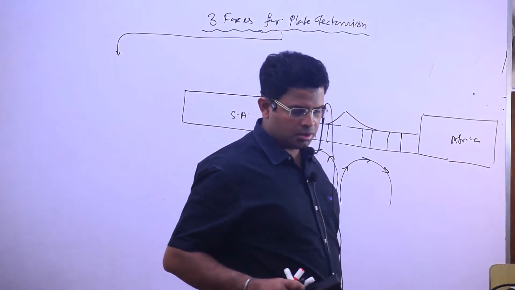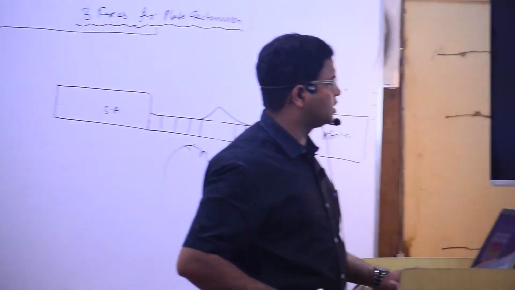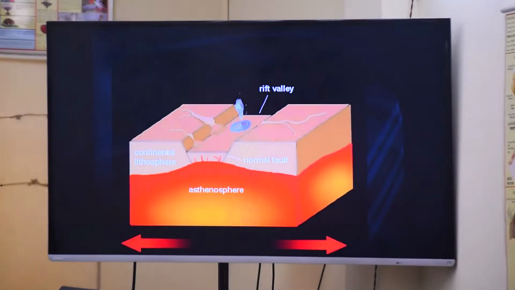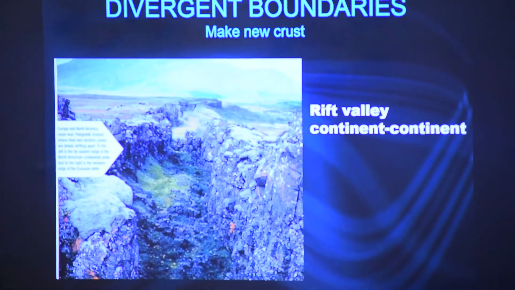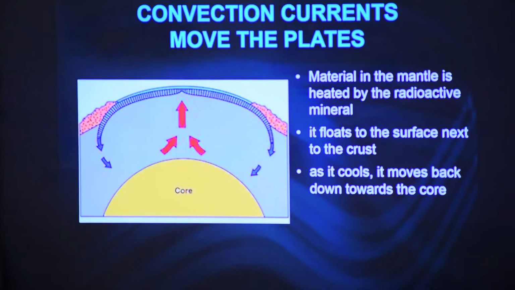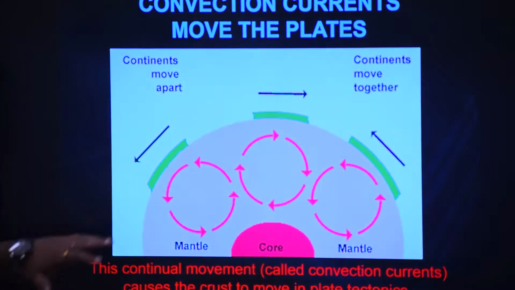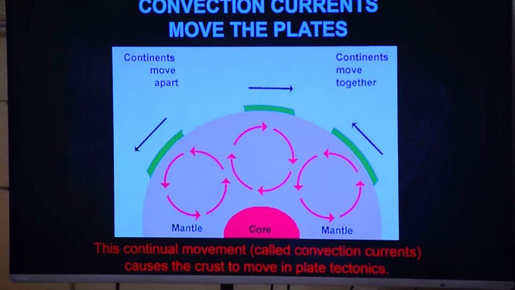So this is what I have discussed. Now we are going to see the three forces which are responsible for plate movement. And you saw how magmas are diverging, convecting upward and downward.